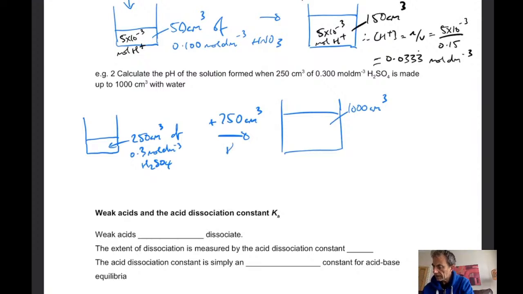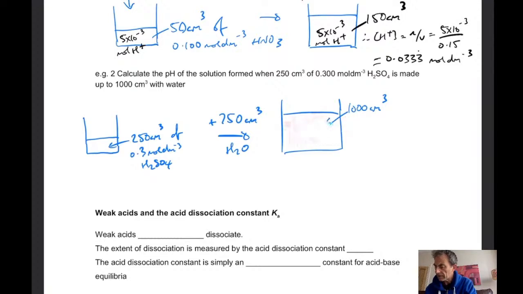I'll just run through that again. So we're starting off with a beaker of 250 cm cubed of 0.3 mole per decimeter cubed sulfuric acid. 750 cm cubed of water is added, and so therefore you've got 1000 cm cubed. That's your total volume, isn't it?